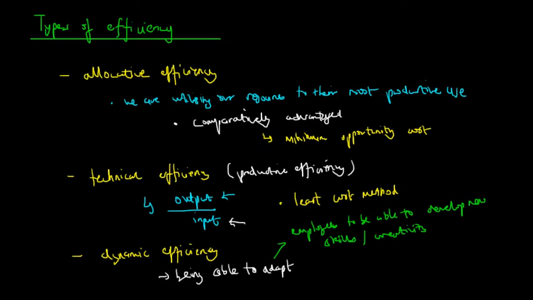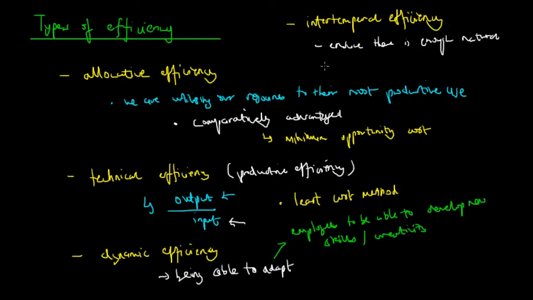And lastly, we're going to look at this idea of intertemporal efficiency. And this is what environmental policy looks at most strongly, because intertemporal efficiency means that we ensure there are enough natural resources for future generations.